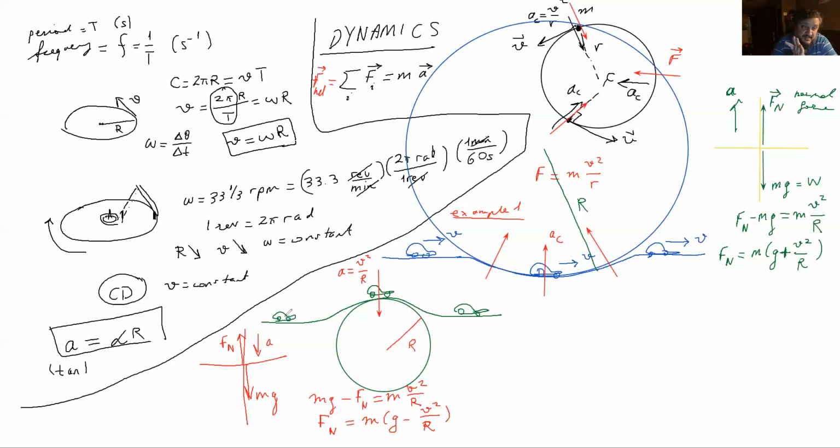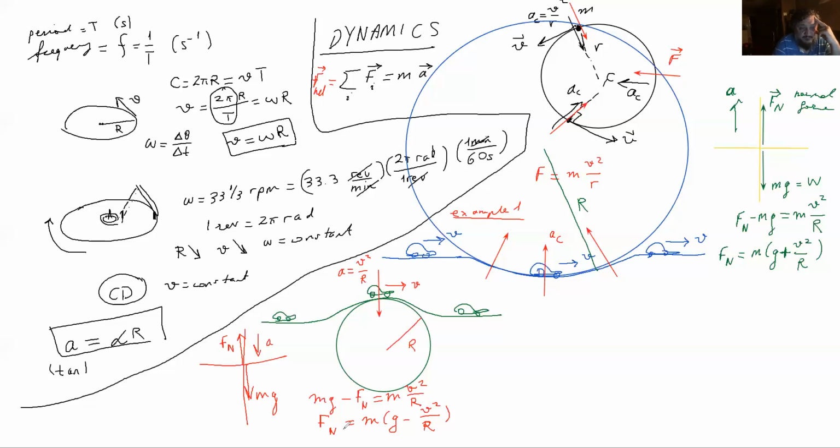The normal force at the top of the hill is less than the normal force when the road is straight. You're actually subtracting this term. The faster you're driving, the greater what you subtract from g, right?